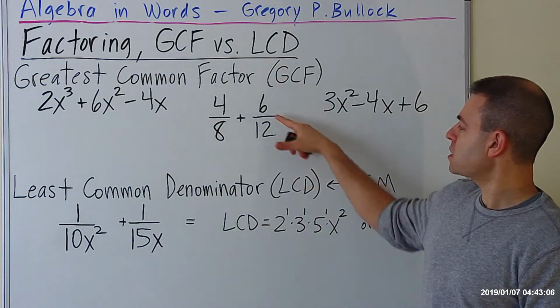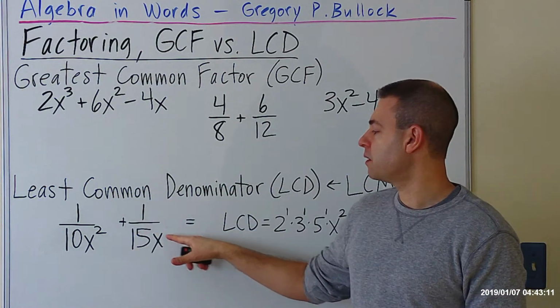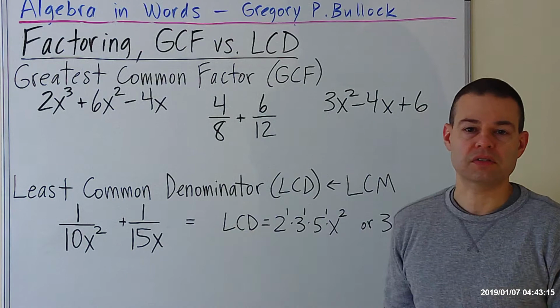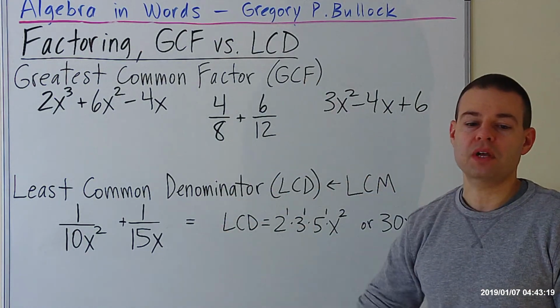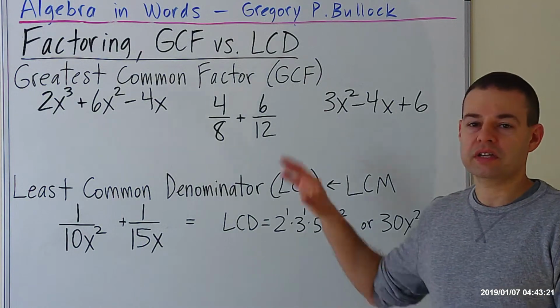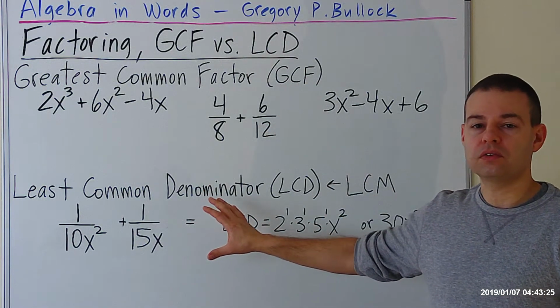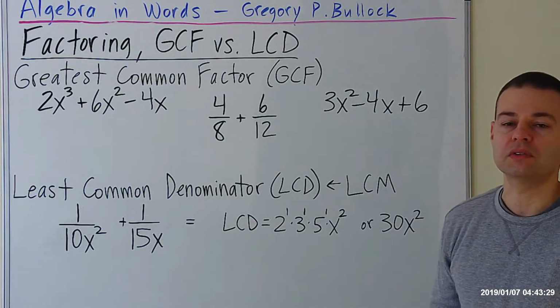So this greatest common factor is used for reducing fractions, whereas least common denominator is used for adding or subtracting fractions. That's one aspect where LCD is used. And I had fractions for both because I want you to see how greatest common factor and LCD do tie into fractions, but for different reasons. We'll go over them in a little more detail in a second.